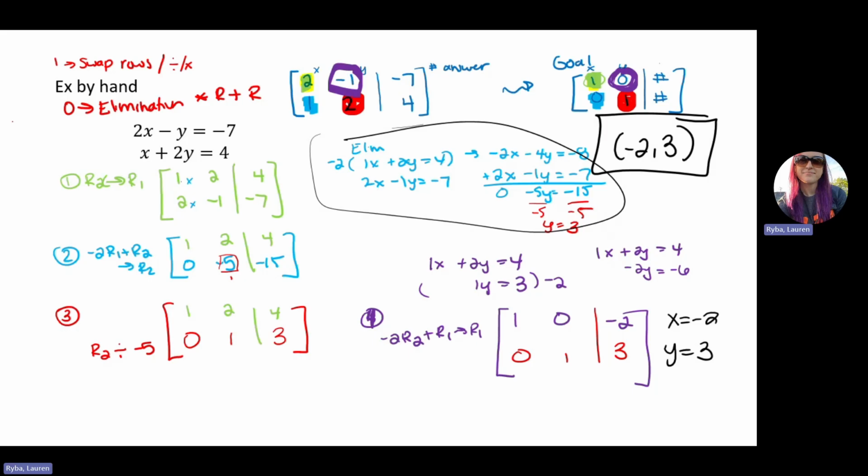I mean, graphing is always going to be the fastest. 100% graphing is fastest. If you have to do by hand, elimination for me is always easier than matrices. But the problem becomes that once you add extra variables, so once you get to like a 3x3 or something larger, you don't want to keep working with the x's and the y's and the z.